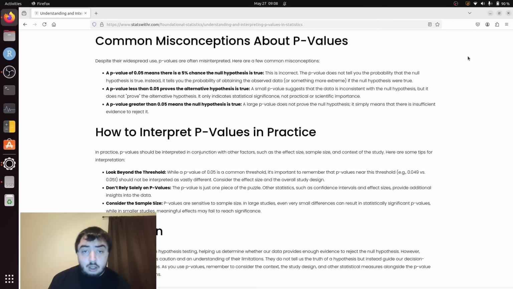And I'm using consistent and inconsistent because it's wrong to say that either one proves the alternative or null hypothesis is true. We don't get that level of certainty. It's really only consistent, inconsistent.